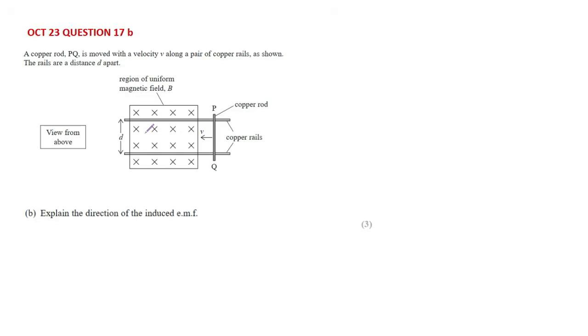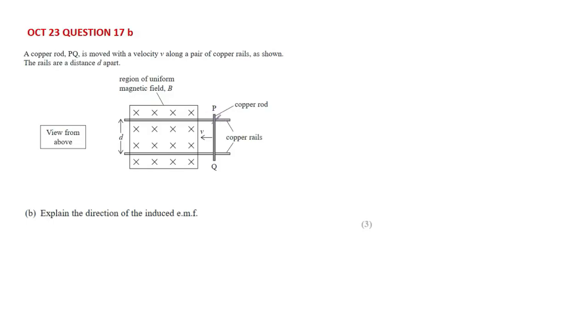There will be a change in magnetic flux linkage with the copper rod. And whenever there is a cutting of magnetic field lines, an EMF is induced. Now, this EMF drives a current through this copper rod. And according to Lenz's law, this current produces a magnetic field so that it opposes the change that is causing it.